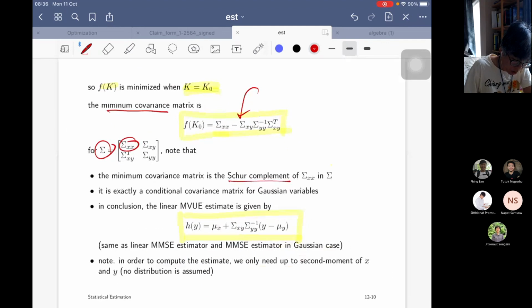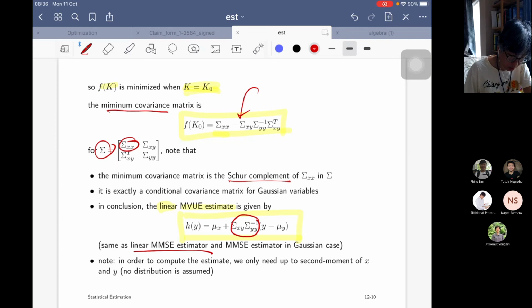So in conclusion, the linear MVUE estimator is given by a linear function in y, and the matrix gain here is solved from the Wiener-Hopf equation. That is the same as the linear MMSE estimator.